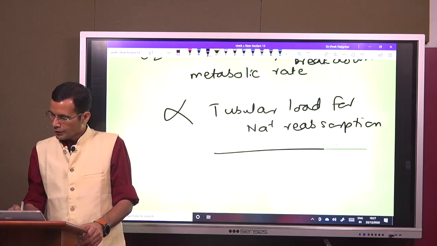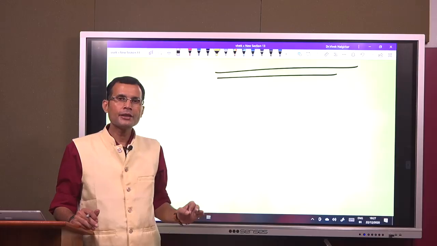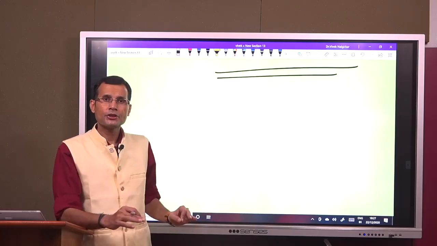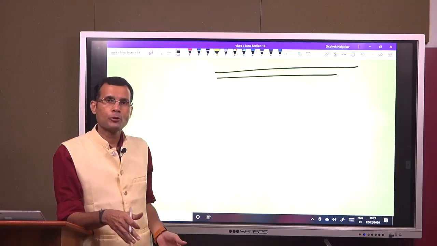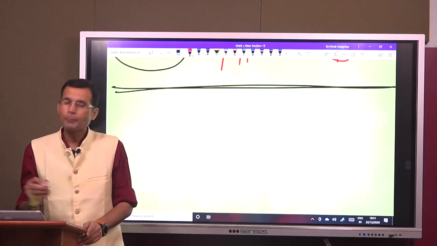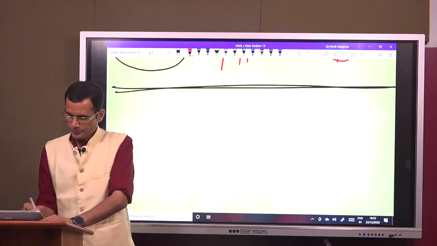So that's one point that should be clearly understood. The metabolic rate in the kidney is directly linked to the tubular load for sodium reabsorption. And let's talk about a part of the nephron, that is JG apparatus.